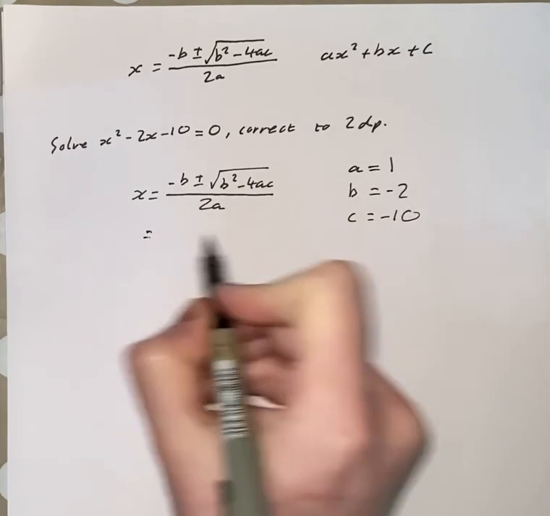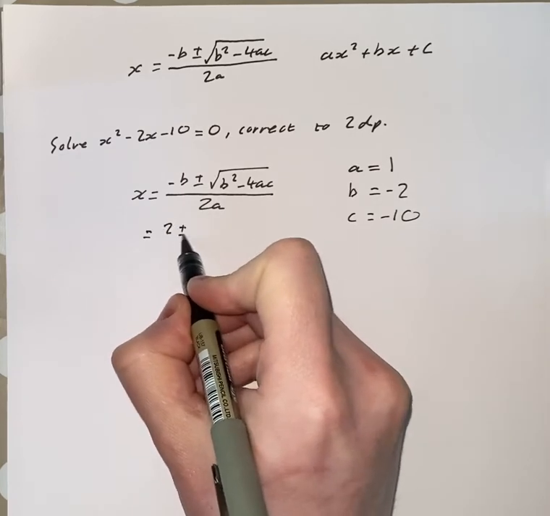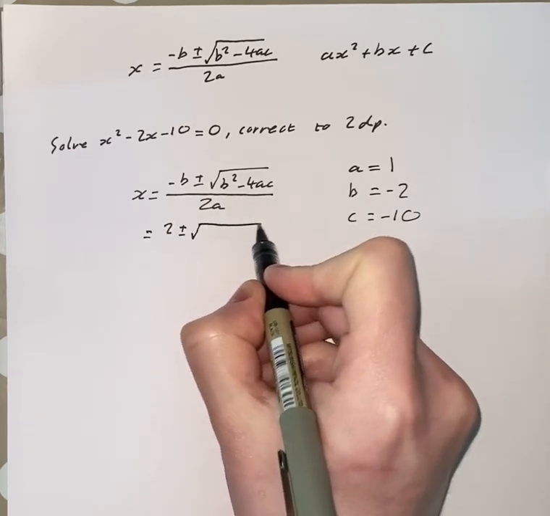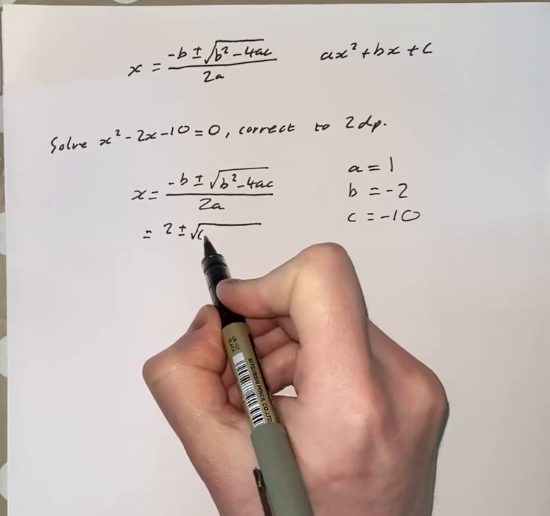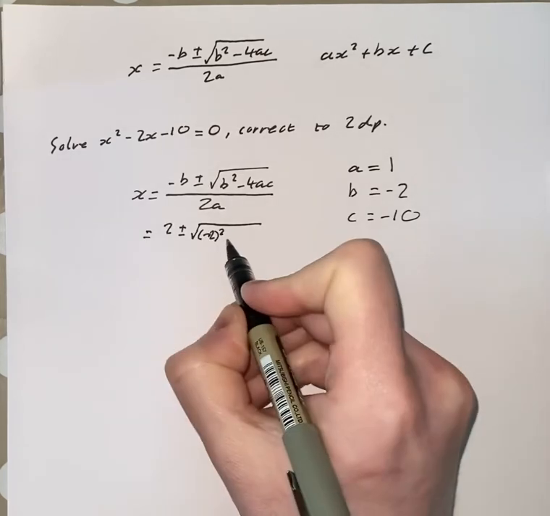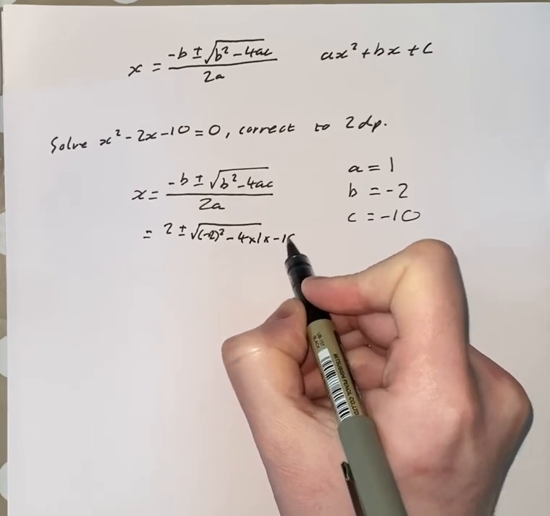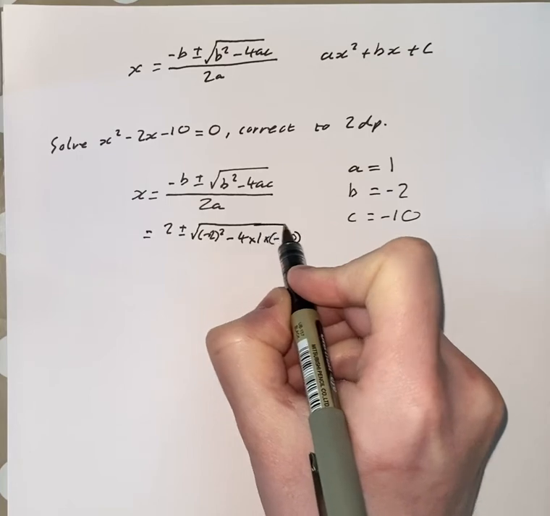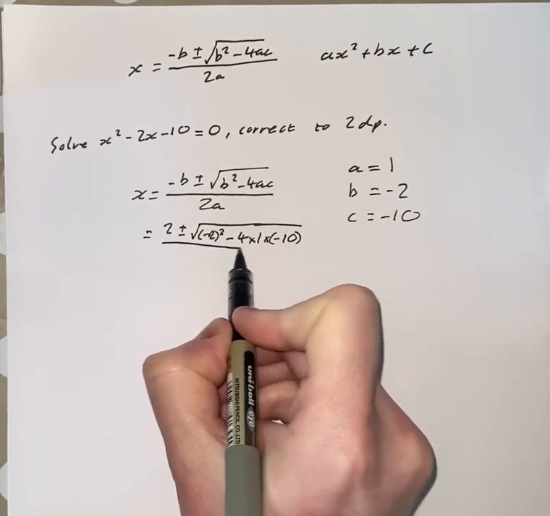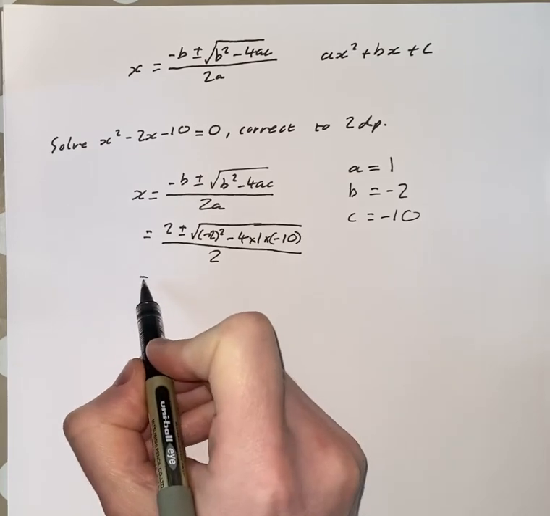So all we've got to do here is negative b, so that becomes just 2 rather than negative 2, plus or minus the square root of negative 2 squared, remember to put the bracket around that in your calculator if you're typing it in, minus 4 times 1 times negative 10, all over 2a, a is 1, so it's just over 2.